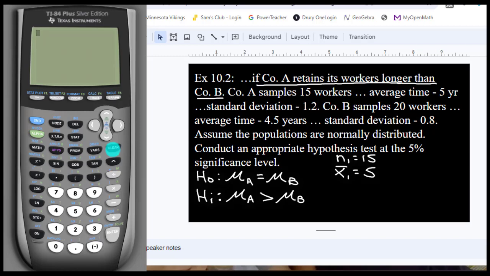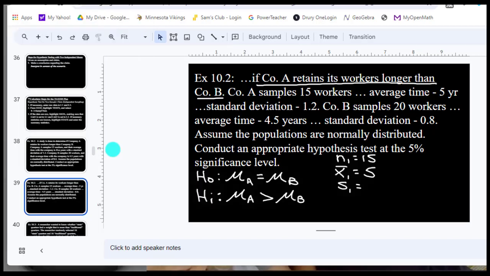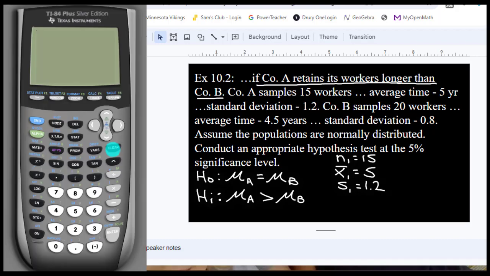The standard deviation for Company 1, so S sub 1 is 1.2. Then we have Company B, and I'm going to call that N2, and that is they sampled 20 workers. Their X bar for Company 2, Company B, is 4.5, and the standard deviation for that company was 0.8.